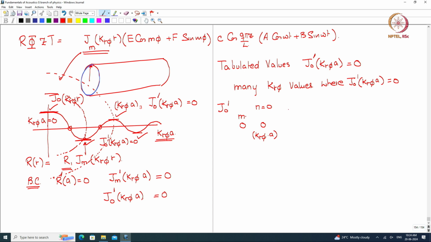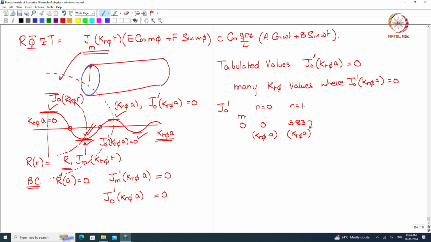Okay. Then n equal to 1, that is the next one. This value is 3.83. So at a value of K r phi a equal to 3.83, you have the next derivative going to 0.